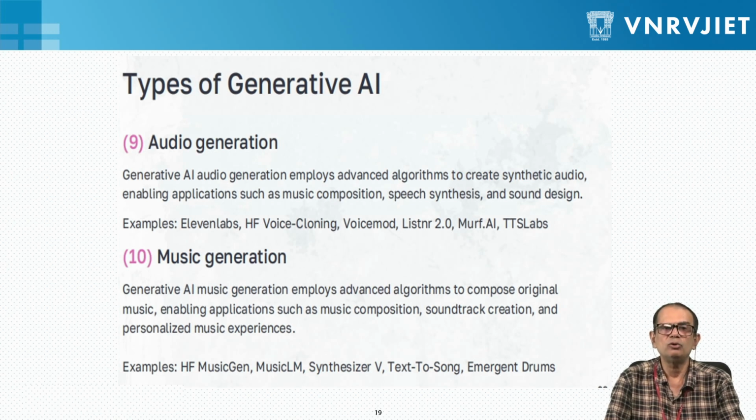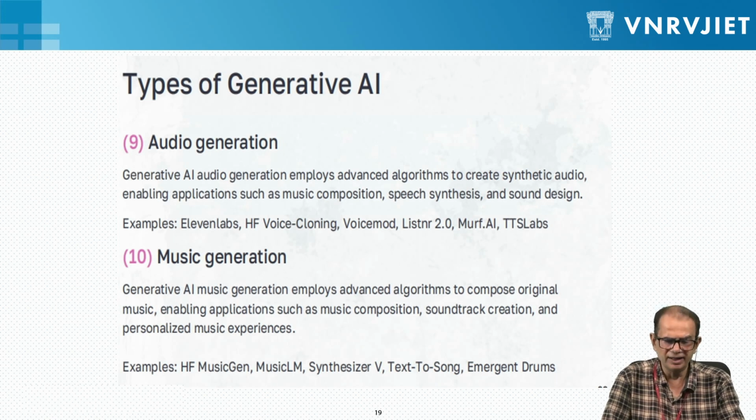Now, coming to audio, we can also go ahead and generate the audio through the use of generative AI. And when we generate audio, we can clone some of the voice by giving the original voice and then having the fake voice.